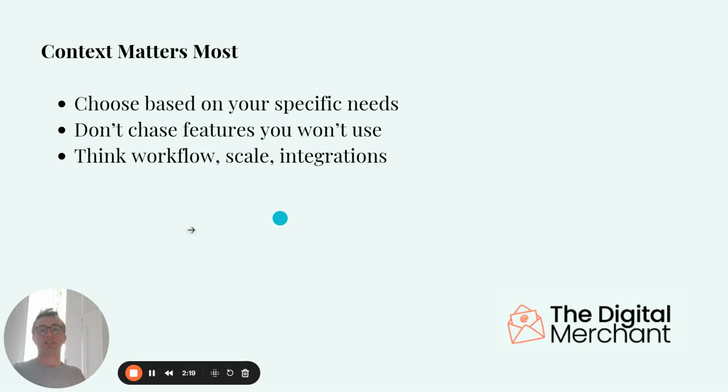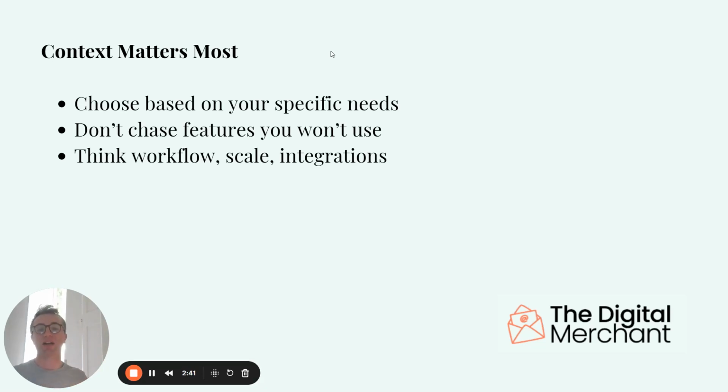So I suppose this is the key point about this video, that context really is the deciding factor here. I know we're framing this as Melio versus Ramp, but it's not really a case of which is better than the other, because they do execute different functions. And so what's important to be aware of if you're a decision maker watching this is you need to choose based on the specific needs that you have.